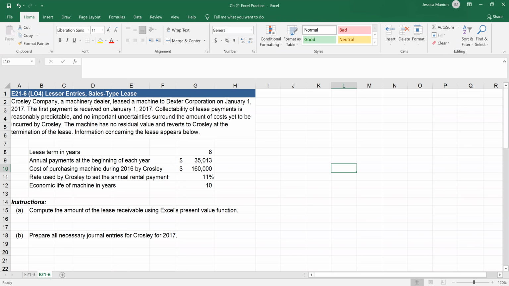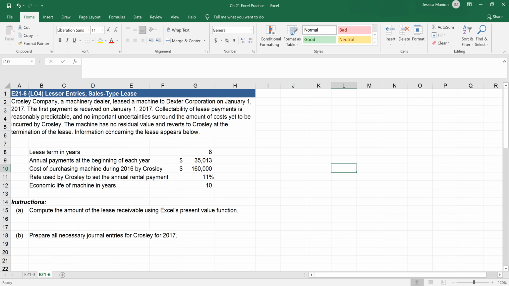Information concerning the lease appears below. The lease term in years is 8. Annual payments at the beginning of each year are $35,013. Cost of purchasing the machine during 2016 by Crosley: Crosley paid $160,000 for this machinery that it's going to lease to Dexter.